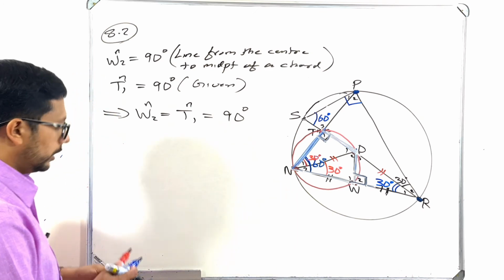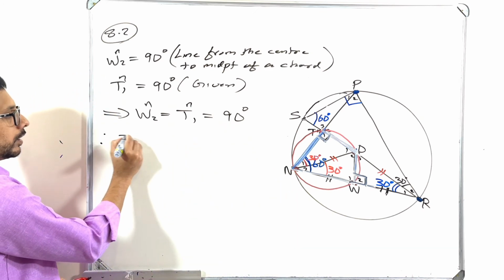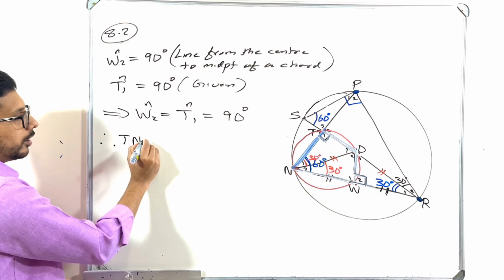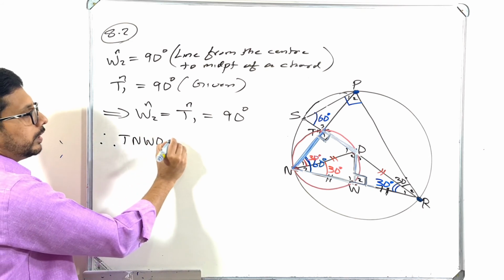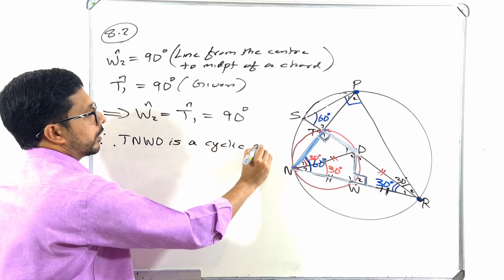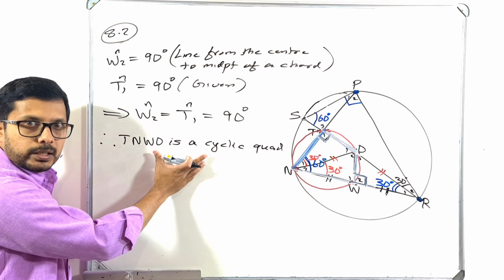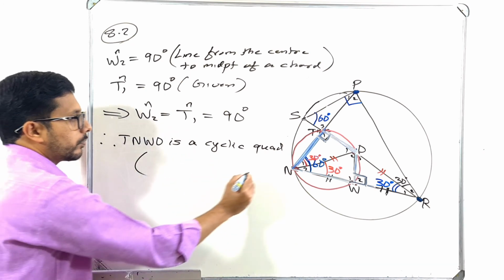Okay, so next step, directly we can write, therefore T N W O is a cyclic quadrilateral. Now there is no mark for this sentence, okay, but the final mark is for the reason.